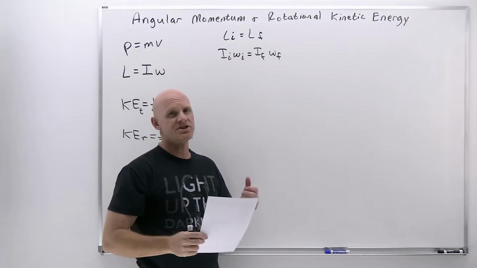And now, we've had kinetic energy plus potential energy equals kinetic energy plus potential energy as our conservation of mechanical energy, and the big thing we're going to do here is add an additional kinetic energy term. That way we can take translational and rotational.